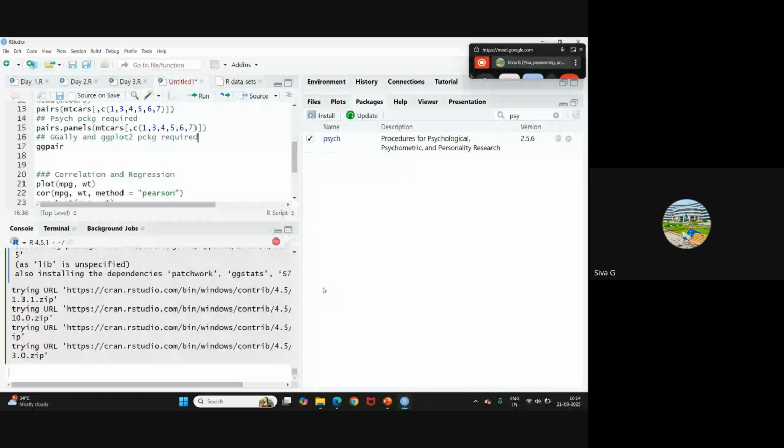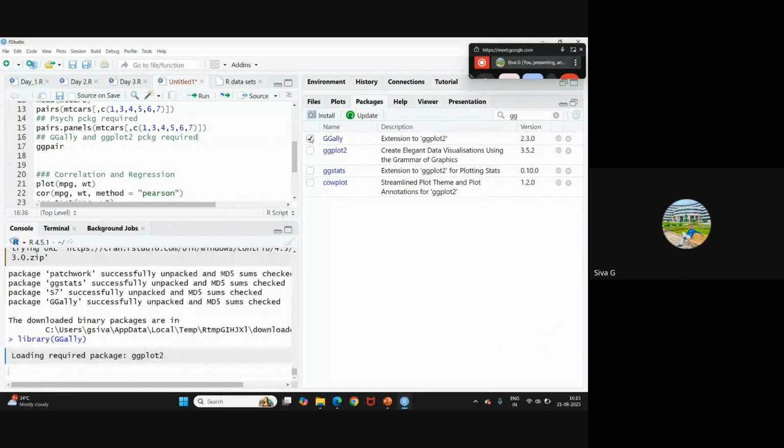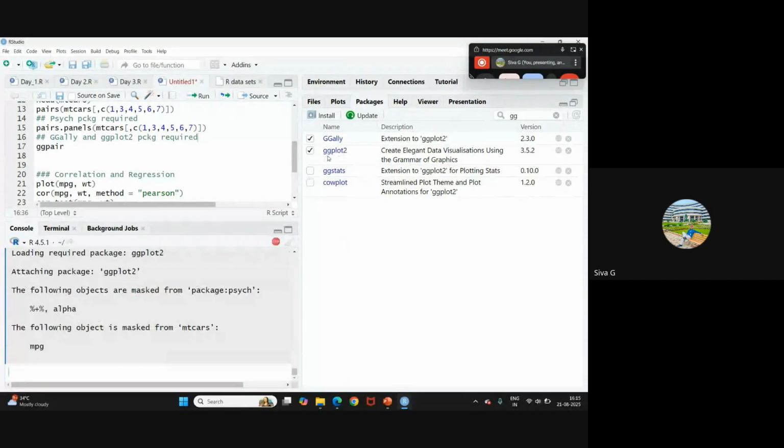What I want to convey is that I want to test all the correlations at a time. I don't want to test individually, mileage and horsepower, and so on. I want to know whether all the matrix correlations are significant or not. Here we already installed ggplot2, right?